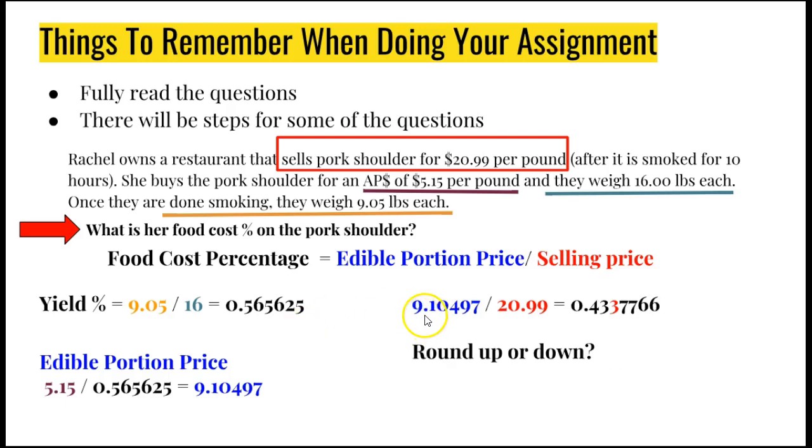So my 9.10497 divided by 20.99 gives me 0.433766. Now, if I'm going to round up or down, remember, we are looking at that third number. And I needed to round down, so I got 0.43. Timesing it by 100, or you can just move that decimal place over by 2, and you get 43%.